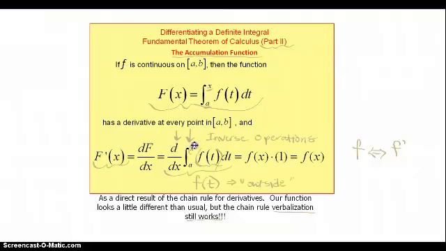The upper limit, which is a variable, and we'll see it can be a function as well, is the inside. So the upper limit, whatever's in the upper limit, is the inside for us. So we want the derivative of the outside, which is right here, not changing the inside, there's the inside, right, times the derivative of what's inside.